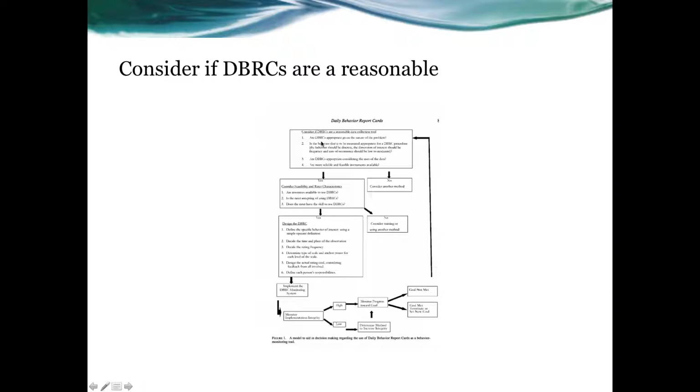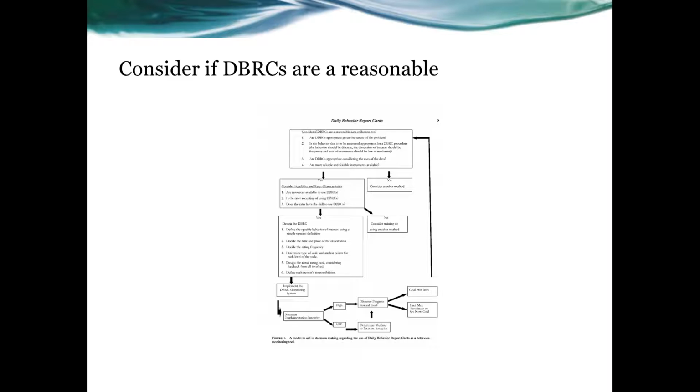So up here it asks, are DBRCs appropriate given the nature of the problem? And is the behavior that is to be measured appropriate for the DBRC procedure? The behavior should be discrete.